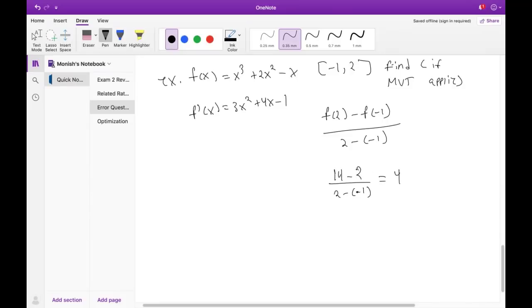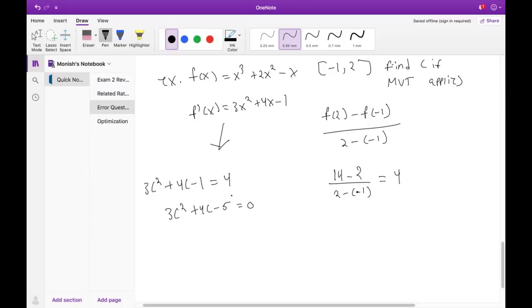So that's the right side, and then my left side is this portion right here. But instead of x, you're going to want c because it's asking you to find that specific c value. So now it's going to be basically 3c squared plus 4c minus 1 is equal to 4. And move everything to one side. So 3c squared plus 4c minus 5 equals 0.